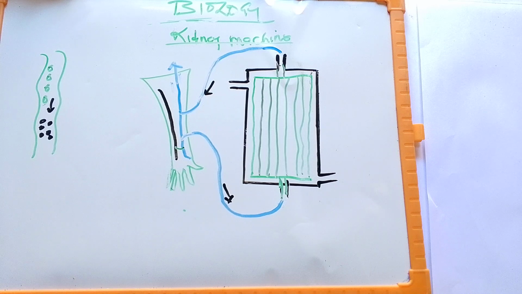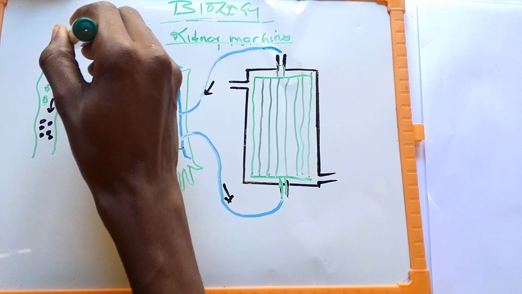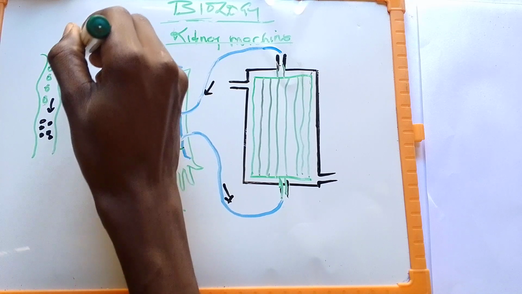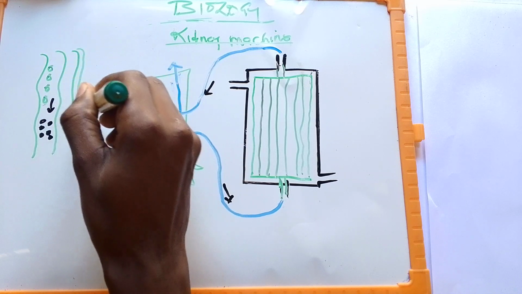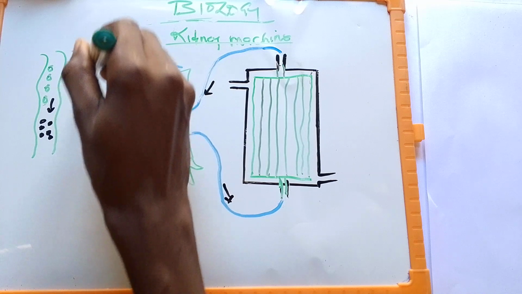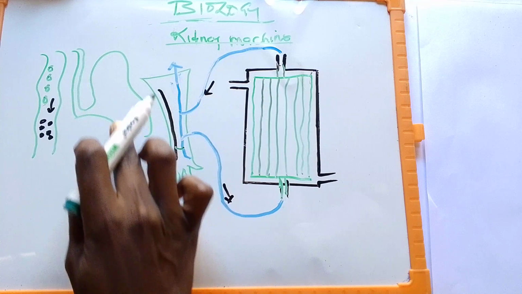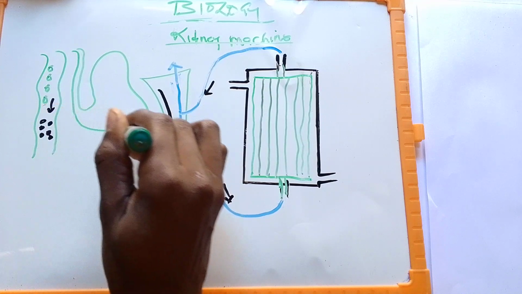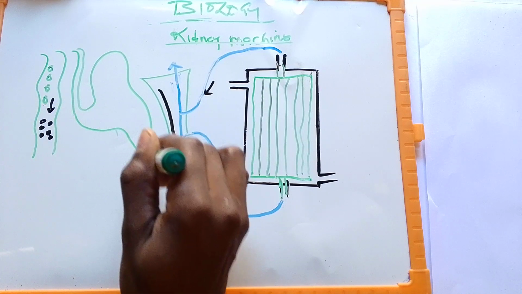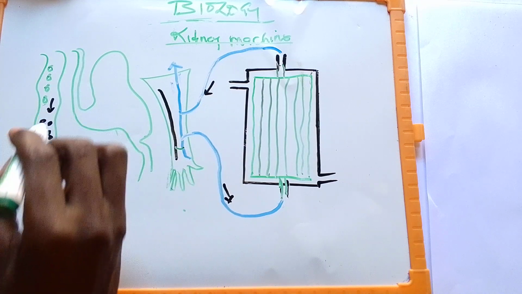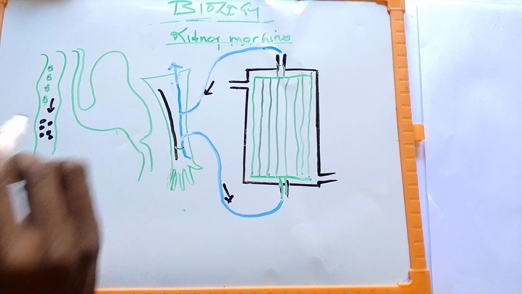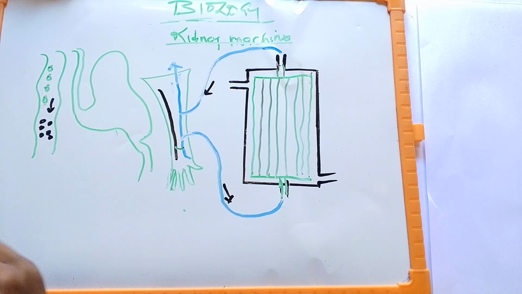Okay, so now these amino acids which have been produced from the protein will be absorbed into the blood and taken to the liver in the hepatic portal vein.